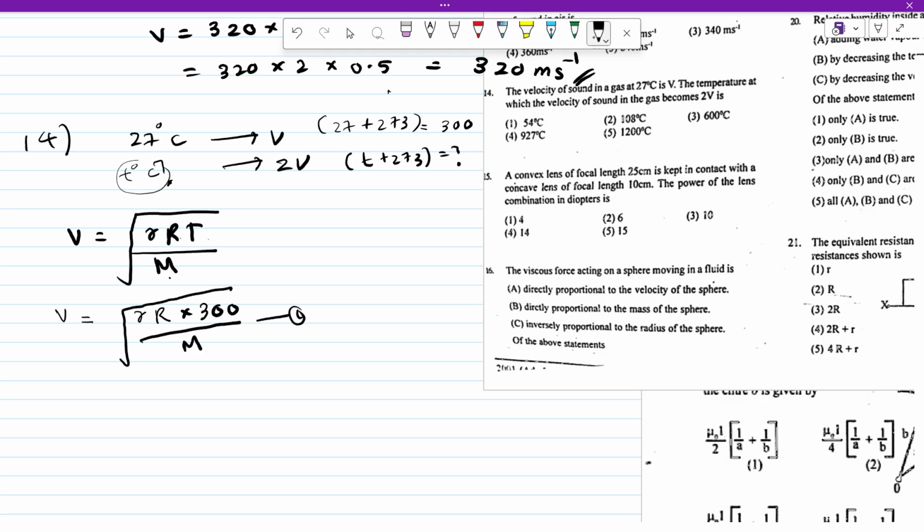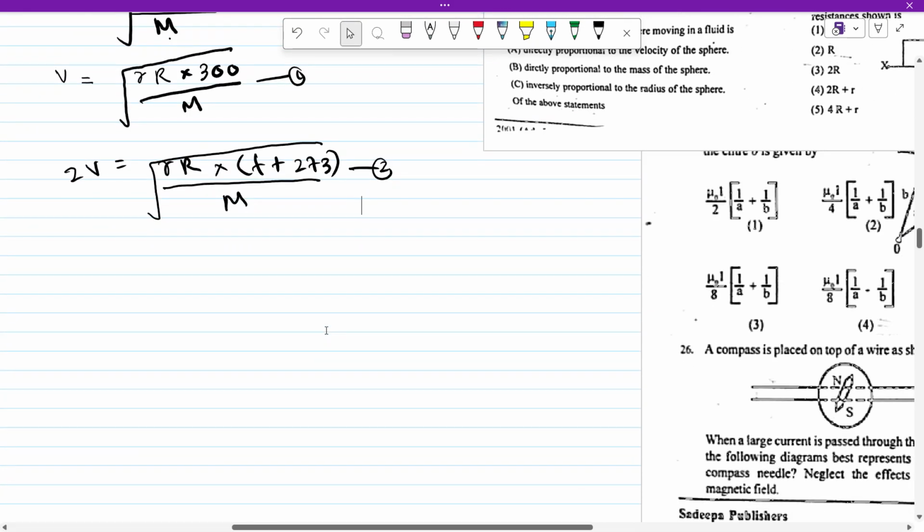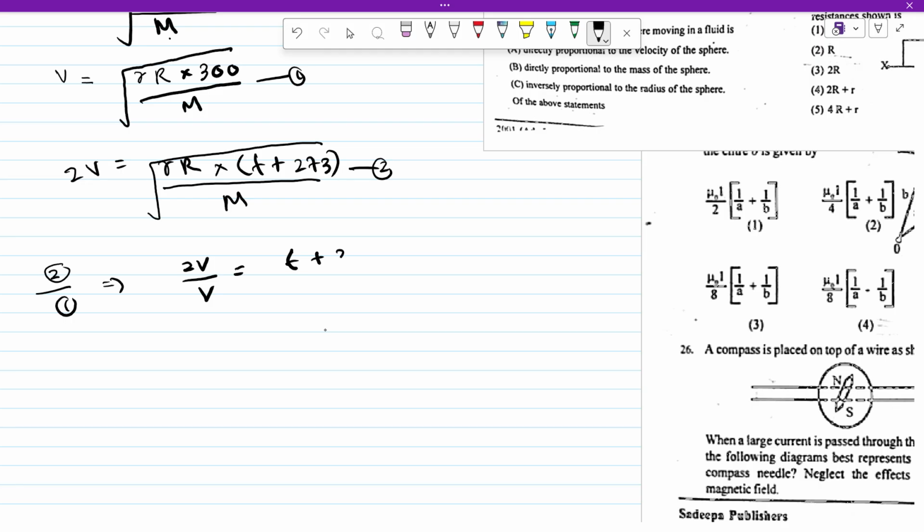Then they say that finally it becomes 2V. Here gamma R into T plus 273 divided by the molar mass of the gas. That is equation number 2. Once we divide equation number 2 by 1, we get 2V divided by V equals root of T plus 273 divided by 300.